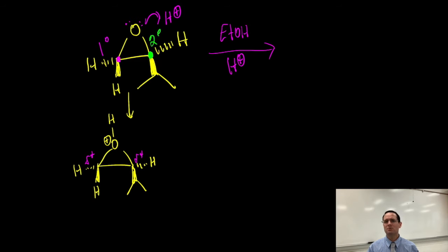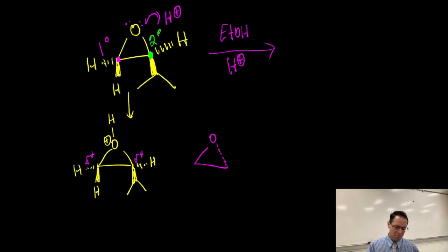Now, which of these carbons is going to be more delta positive? The more substituted carbon is going to be more delta positive relative to the other one, because the more substitution you have on a carbon, the more that those groups can stabilize a carbocation.